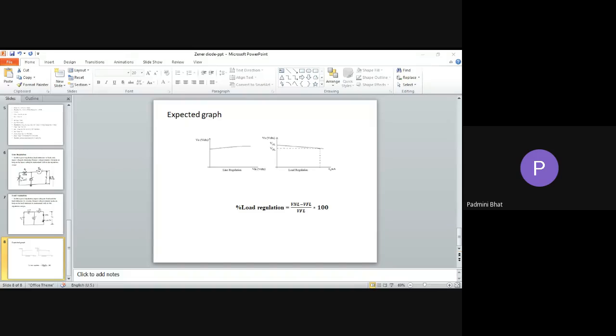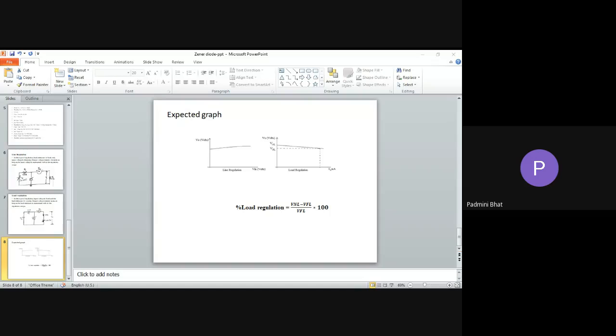Correct. Fine. Next, what is the difference between load regulation and line regulation? Nivedita P. Nivedita P. Load regulation and line regulation. Where is she?